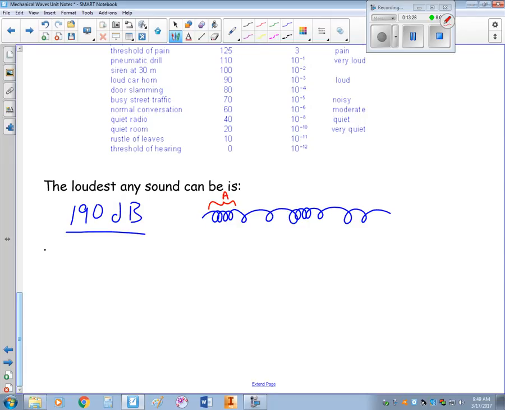Well, at 190 decibels, the amplitude gets so big that the sound wave physically cannot move. That's the loudest that a sound can physically be.